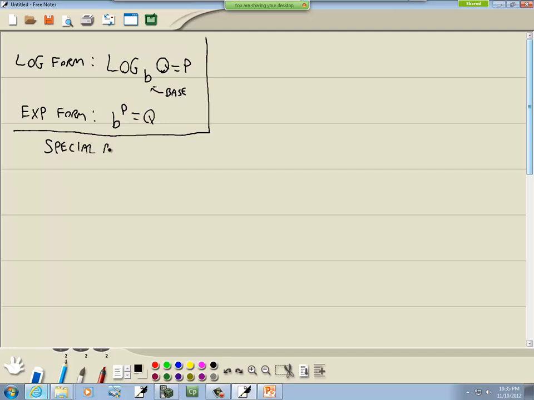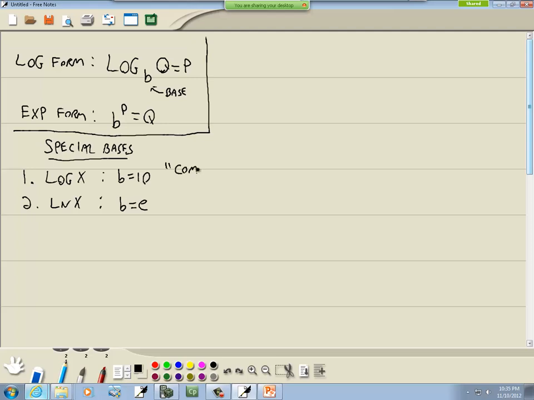Now we have some special bases. If you just have log, and there is no number that's small and set down, your base is 10. And if you have ln of x, that's natural log of x, and here your base is e. e is 2.7, a bunch of decimal places.